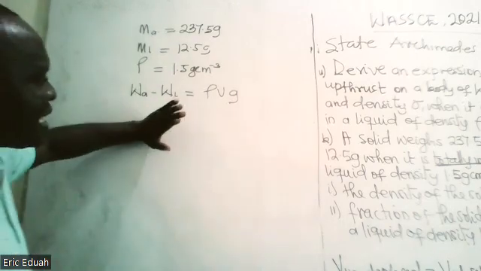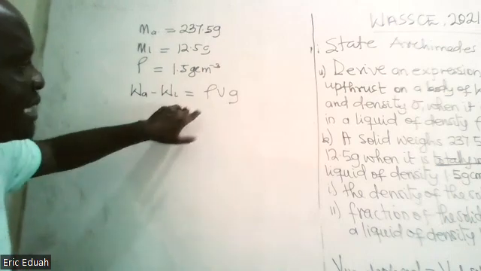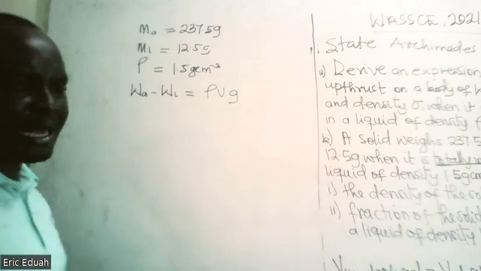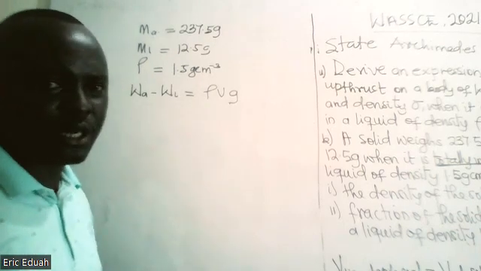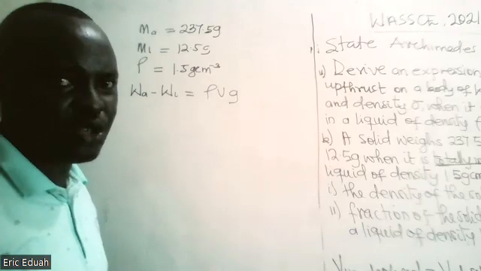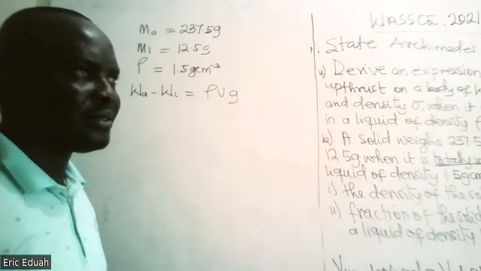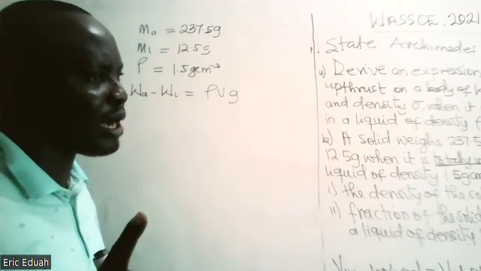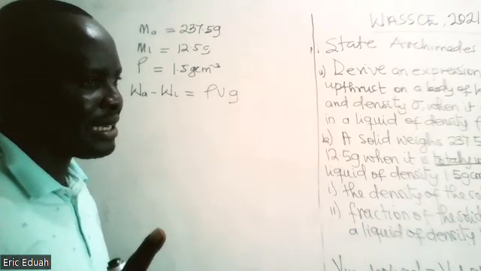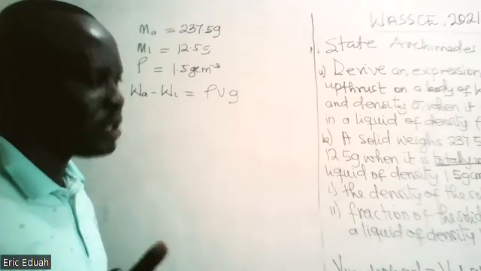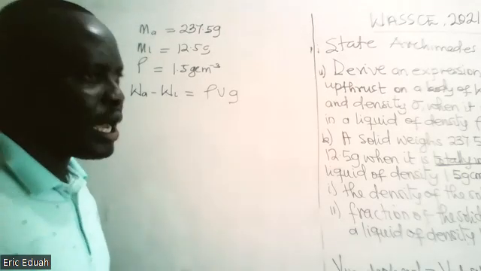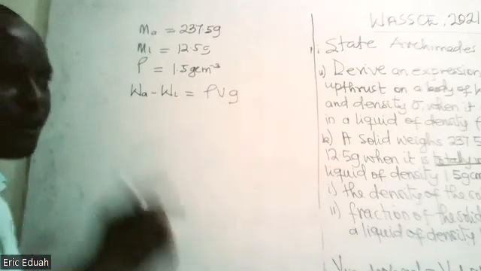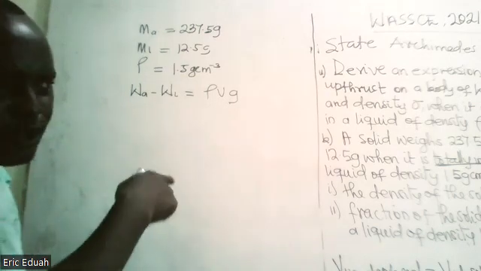So we can express this into weight. 1 kilogram mass is equal to a weight of what? 1 kilogram mass is equal to 10 Newton. Good. And so 1 gram mass will be equal to 0.01 Newton, as you said.